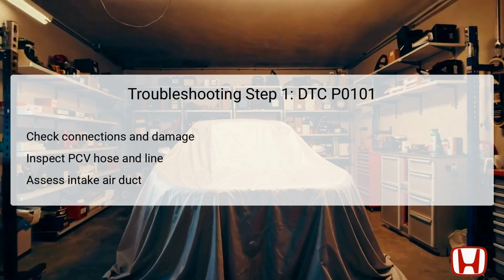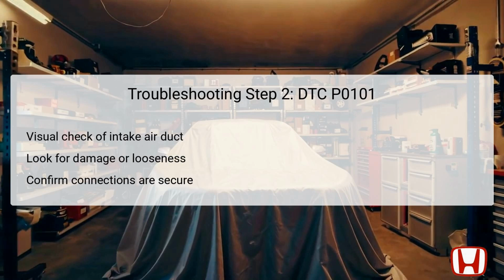Any visible defects or wear can indicate a source of the problem, leading to incorrect MAF sensor readings. After conducting this preliminary inspection, determine if all parts are in satisfactory condition. If any damage is found, it's crucial to repair or replace those components before moving forward in the troubleshooting process.